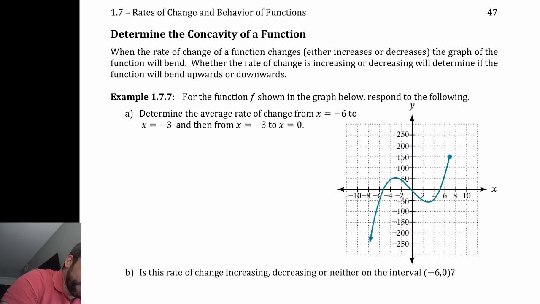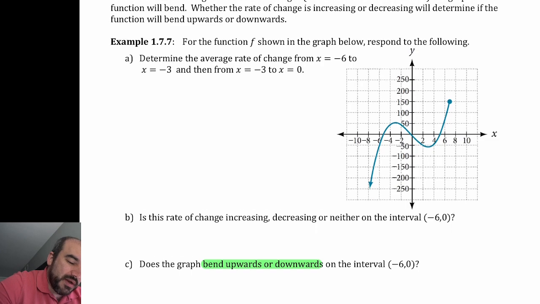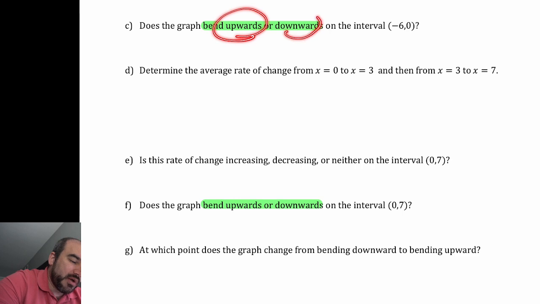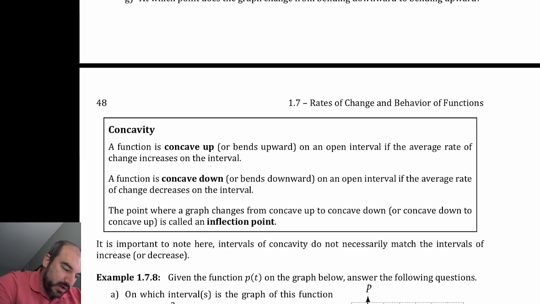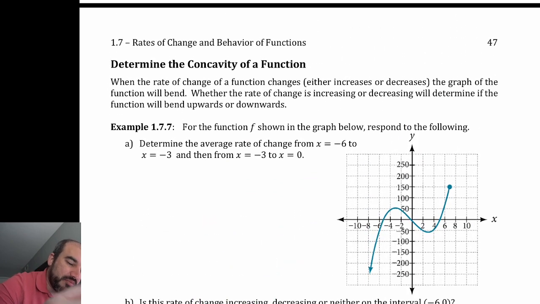So this at the top says when the rate of change of a function changes, the graph of the function will bend. So we see some bends here, right? This is a bend, this is a bend. So basically where a graph is turning or curving in a sense. So depending on the direction that it's curved, we're going to determine whether it's a bend upwards or downwards. I really don't like the wording on this, but concavity is essentially going to be the shape of the cup that we're looking at.